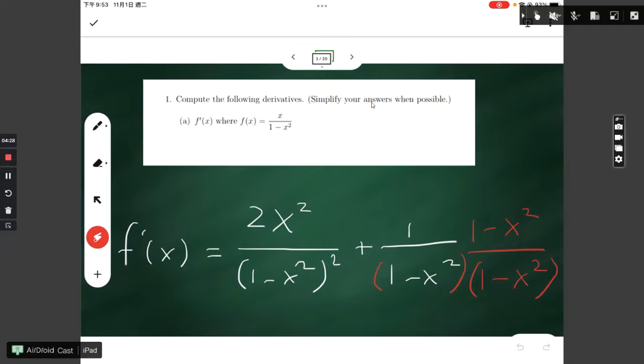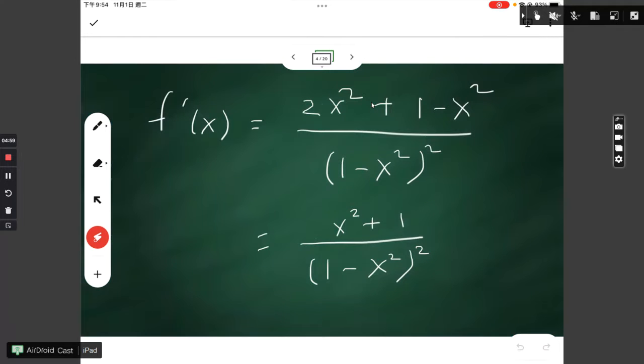You want to multiply by this particular fraction so that they have a common denominator. And so after this step, your denominator will be (1 minus x squared) squared, and your numerator will be 2x squared plus 1 minus x squared. So this is what you have.